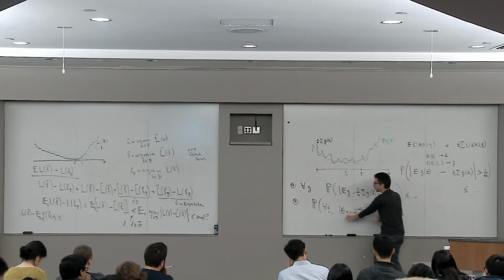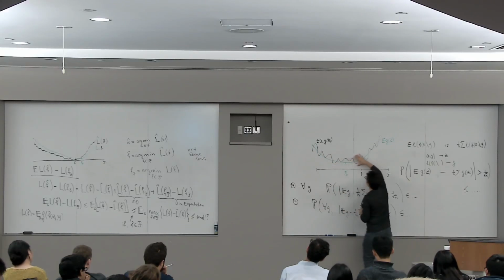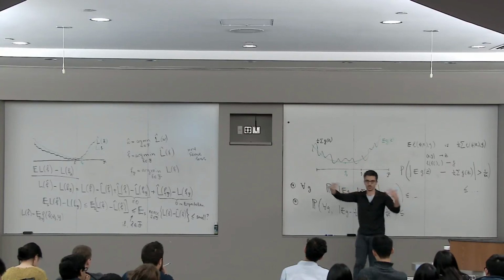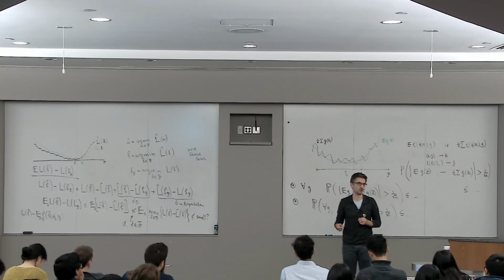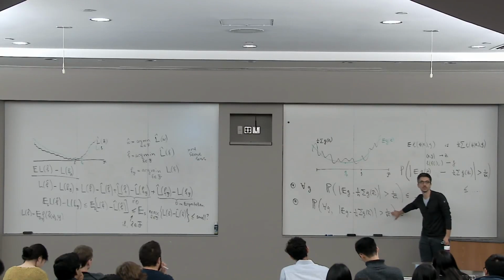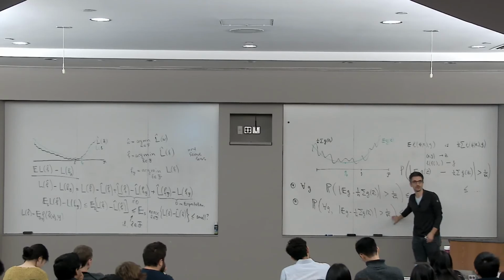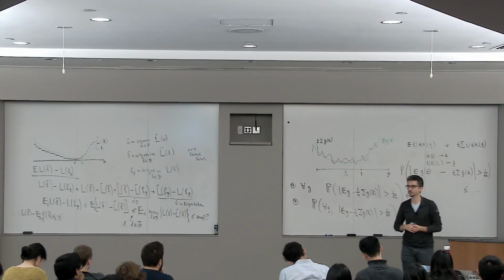But now the second one says, is it true that the green and the black stay in this narrow window, let's say 1 over square root of n? Typically this need not be 1 over square root of n, it could be a different width of the window, of this tube.